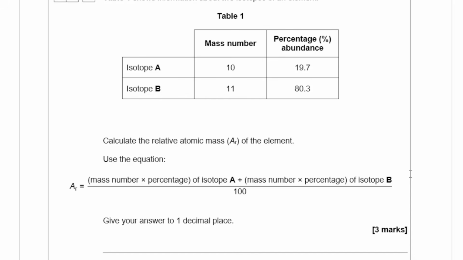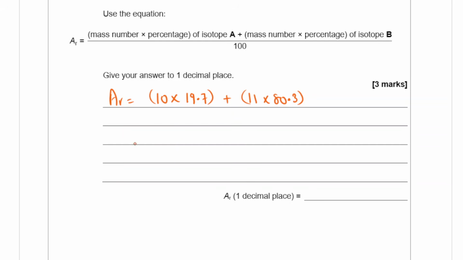So let's say Ar equals 10 times 19.7 plus 11 times 80.3, divide that by 100.